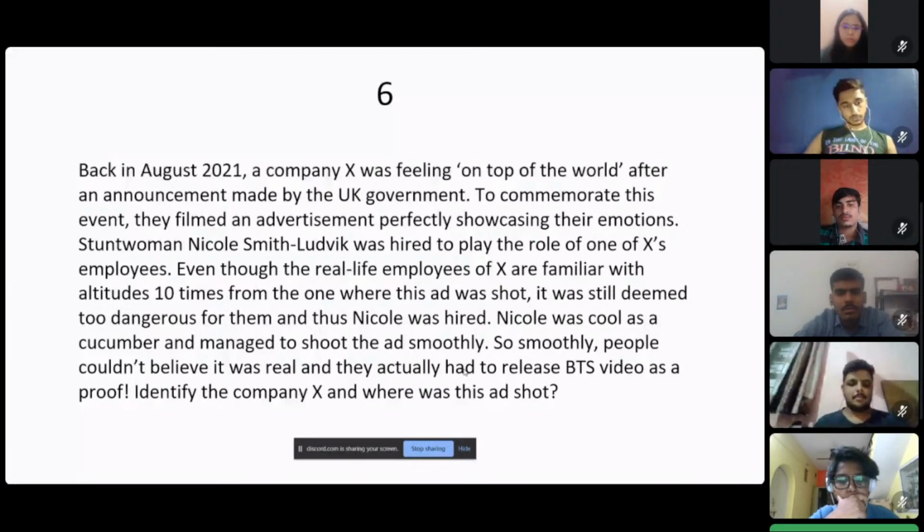The real life employees of X are familiar with altitudes 10 times higher than where this ad was shot. So yes, guys, very famous ad. I bet you have seen this ad. Let's close it, I think. Okay, the pounce is closed. Fine. So those who have pounced, please answer the question.